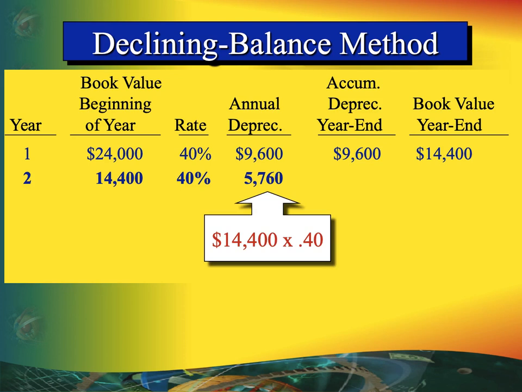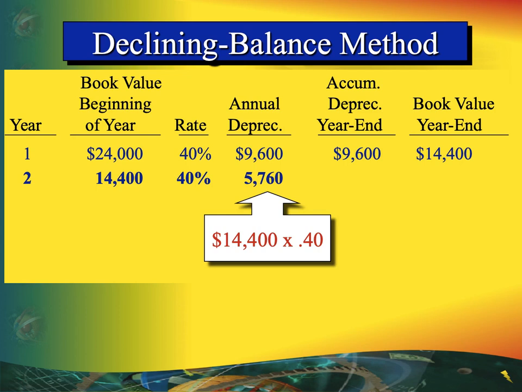Year 2, do the same thing. Book value beginning of year is taken from book value year end. Multiply by the rate and you will get 5,760.